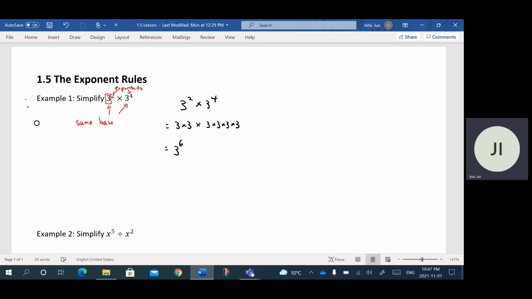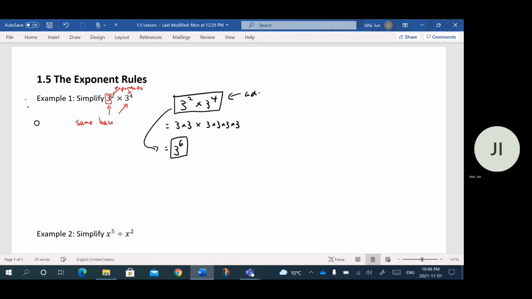Hopefully you can see that. So 3 squared times 3 to the 4th is equal to 3 to the 6th. Logically, what we want to do is add the exponents when multiplying with the same base.